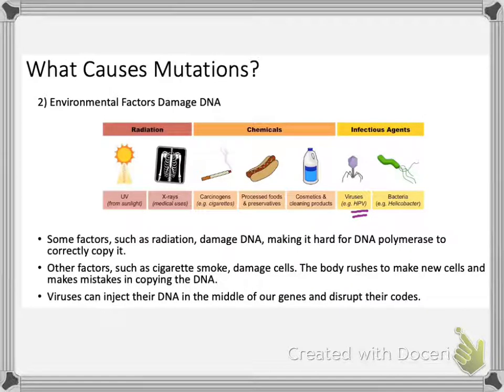So we saw that HPV can take you one step closer, for example, to developing cancer because maybe it shuts off a tumor suppressor gene. Or maybe it messes up a proto-oncogene so it goes super fast. So lots of different environmental factors can lead to mutations.